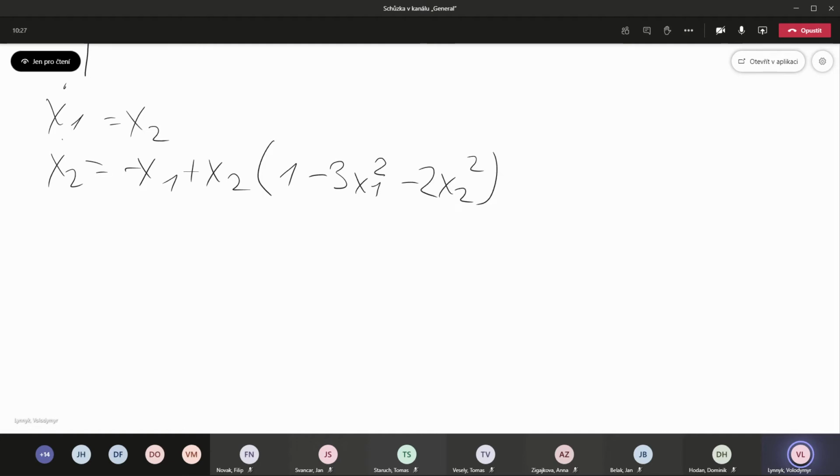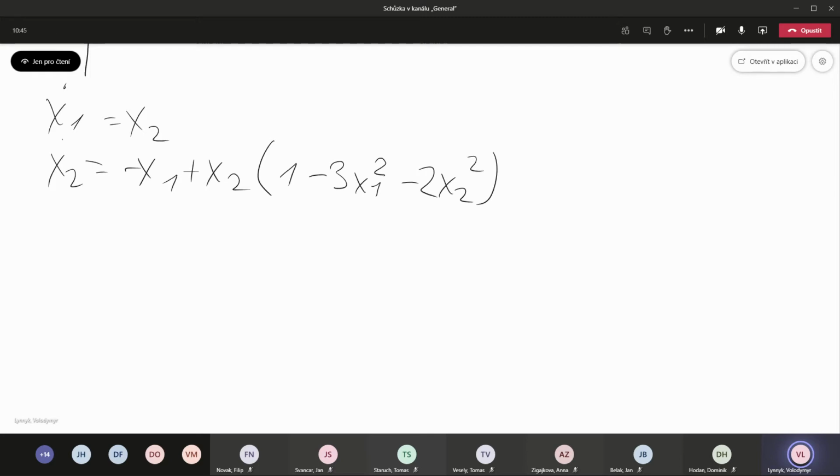Now we need to check all equilibria and use the indirect Lyapunov method to check the stability of the system.